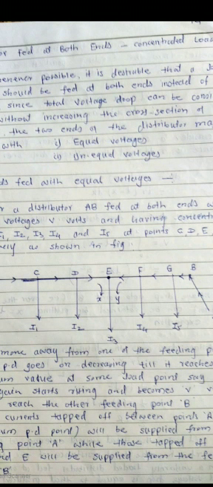As we move away from one of the feeding points, suppose point A, the potential difference goes on decreasing till it reaches the minimum value at some load point, say capital E, and then again starts rising and becomes V volts as we reach the other feeding point.